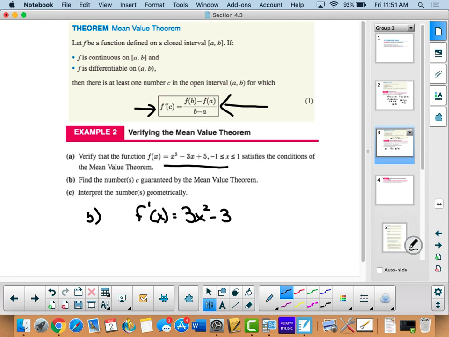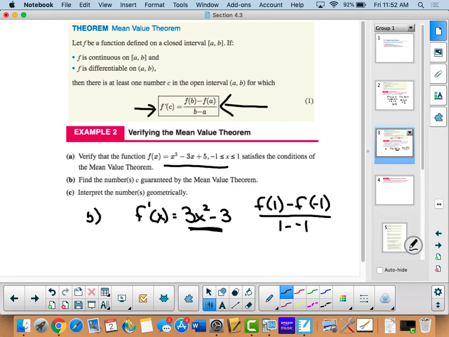And then we can say that if I find f of 1 minus f of -1 over 1 minus -1, that value has to equal this at c, and I can find that number c.